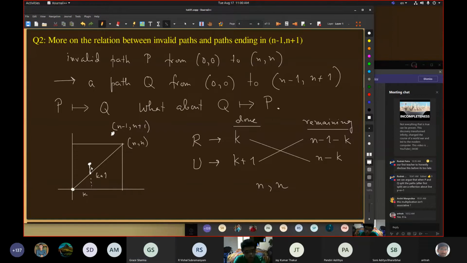Then to find c of n, we can use the recurrence of summation of c of k, with k from 0 to n minus 1. If we reached k, k plus 1, we know that it is an invalid path.